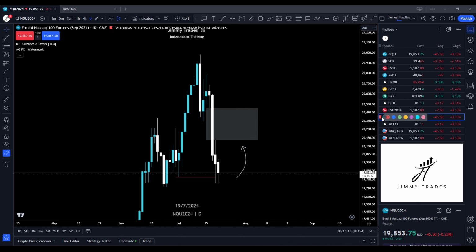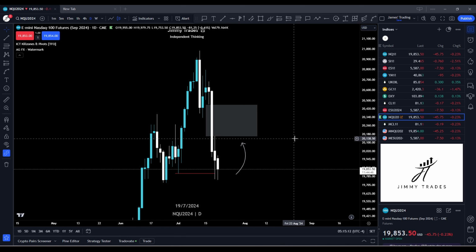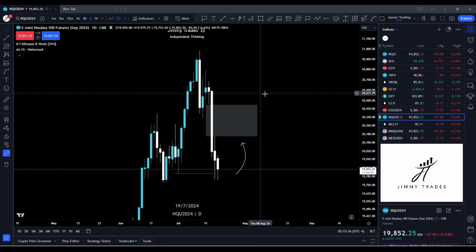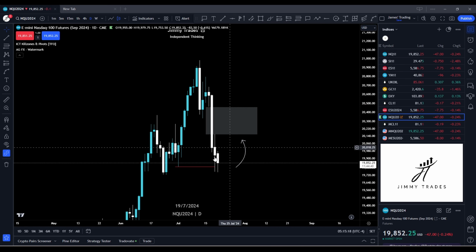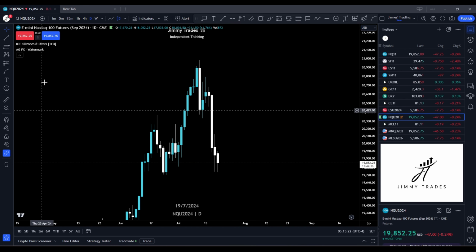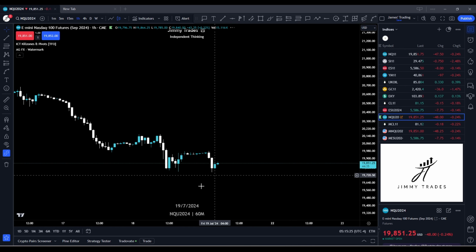So bullish daily on NQ. Clear that up. Drop down to the hourly.